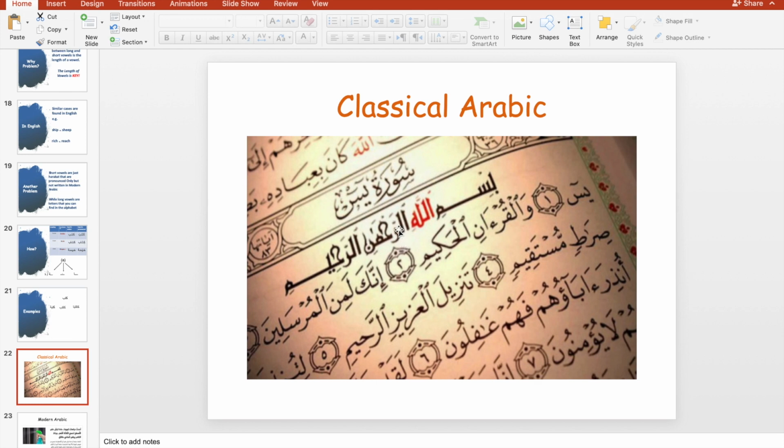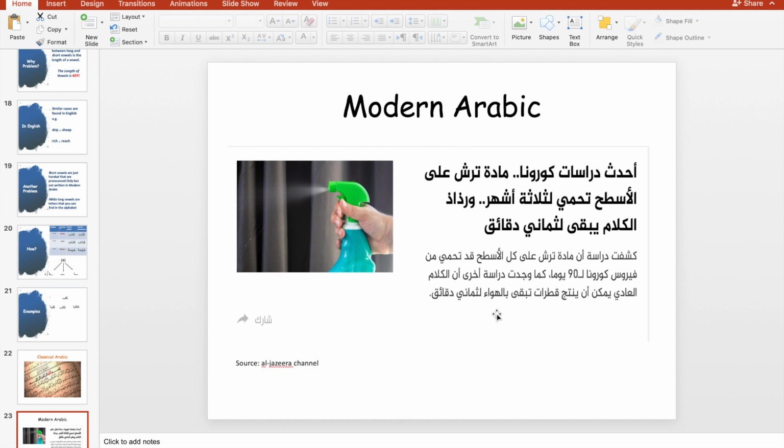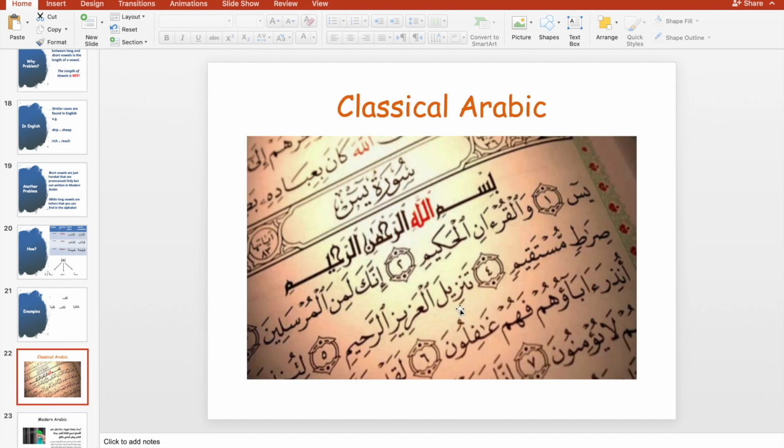Remember, this is a religious text found more than 1,000 years ago. But what they are required to read and write is a text like this. You see, there are no harakat at all in this text, while in the first one, harakat are everywhere.